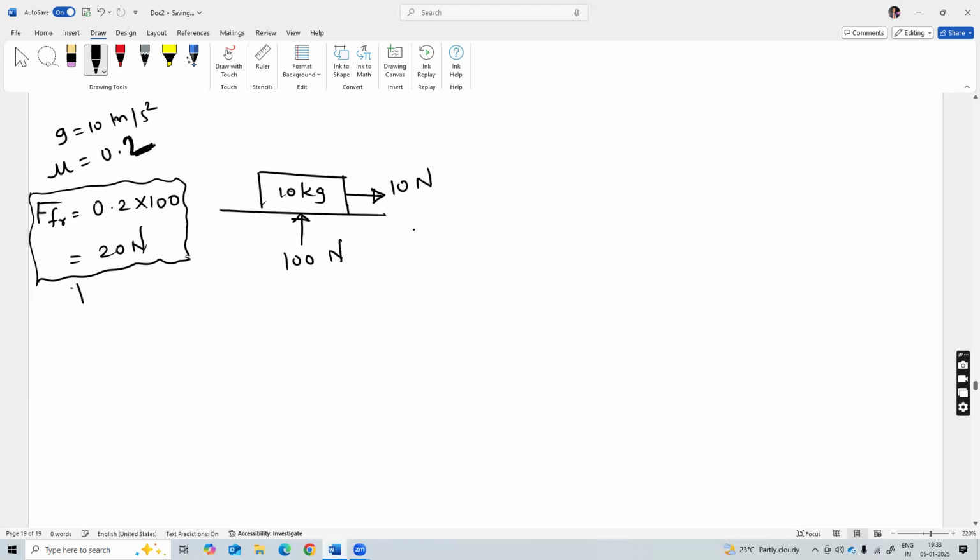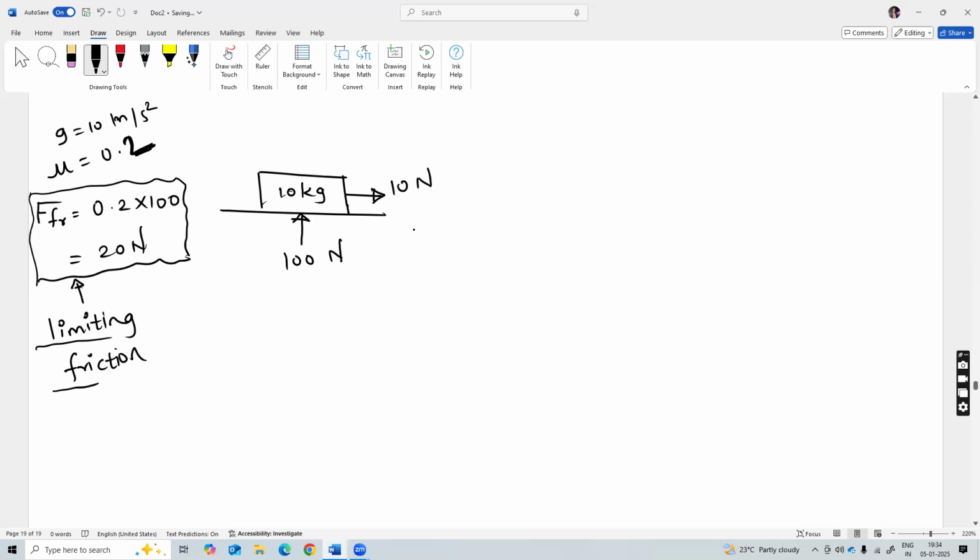So the coefficient of friction is 0.2 and 100 is the normal reaction. So FFR is 20 Newton. So this is basically limiting friction, the maximum frictional force that can act on a body.